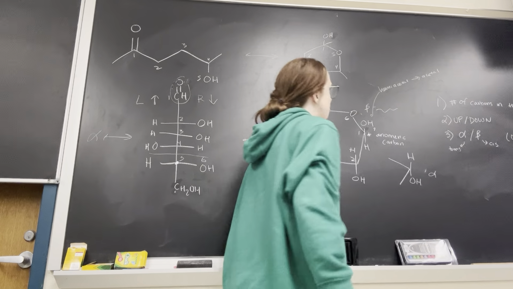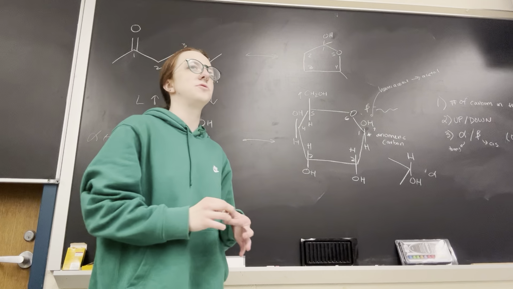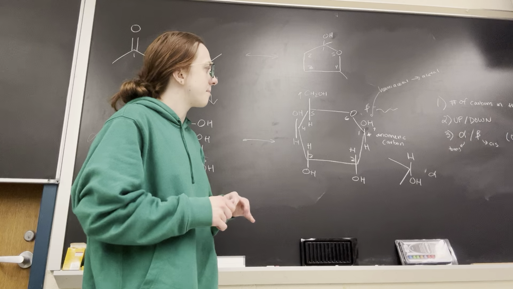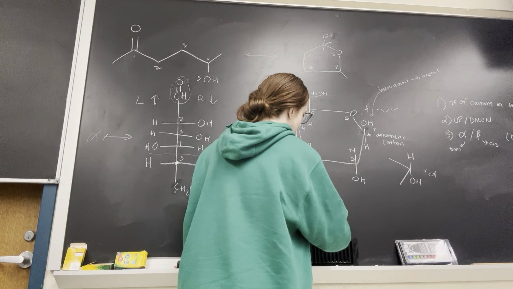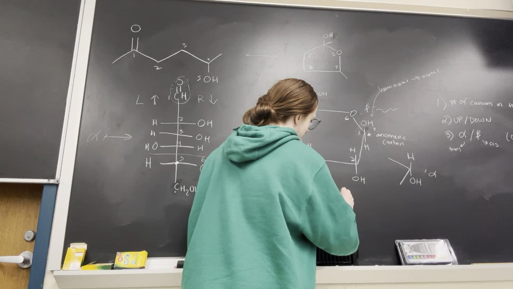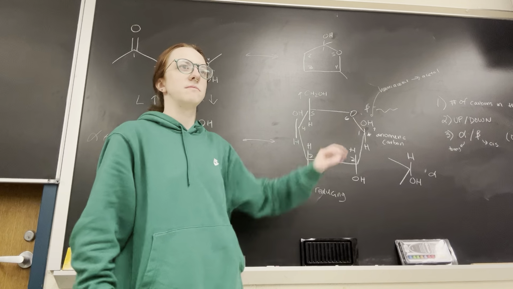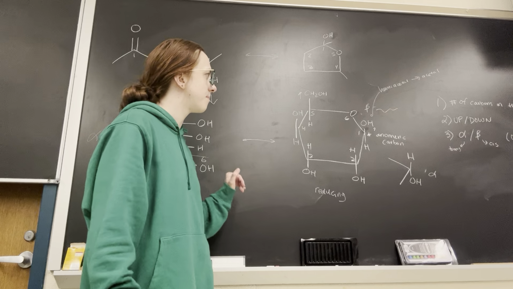And so one thing she may ask you is how to stop this sugar from reacting. Because this sugar right here is a reducing sugar, which means that it can still interact. It's not fully to the acetal form yet.